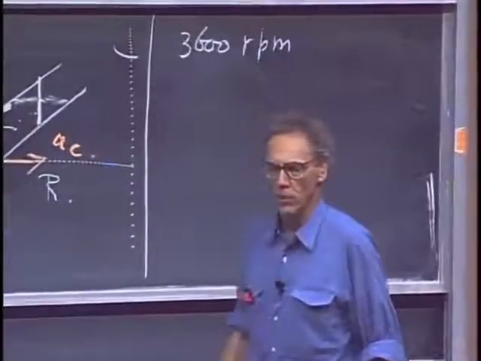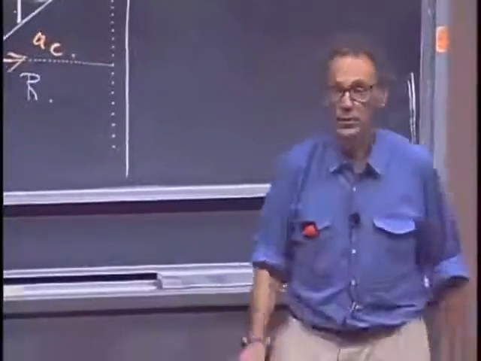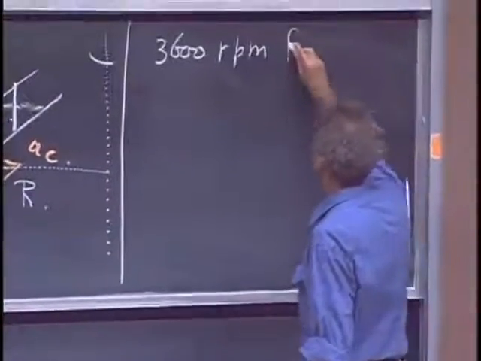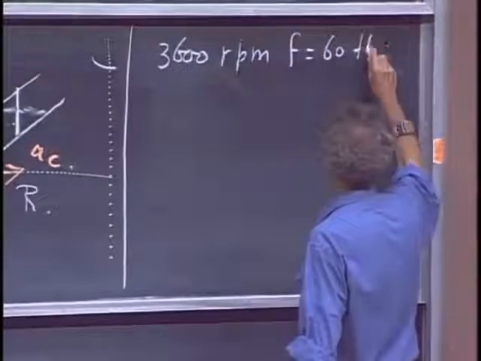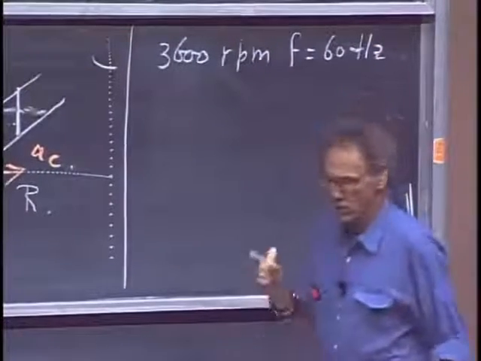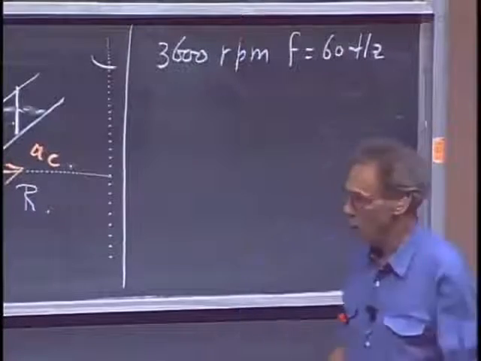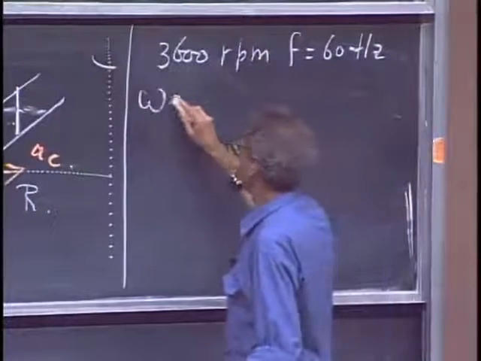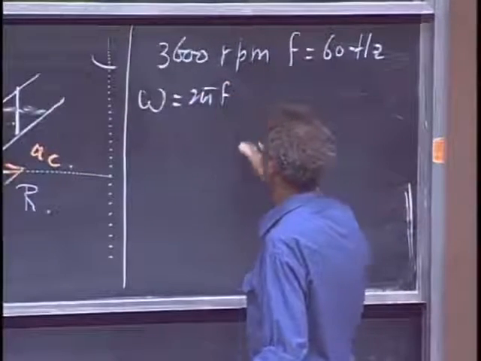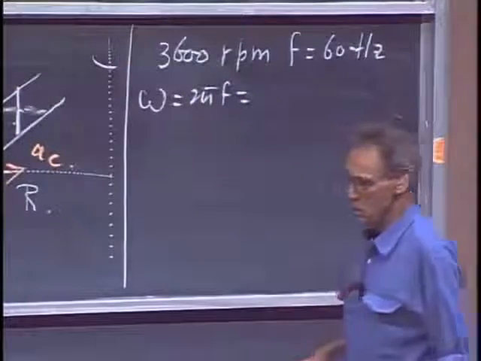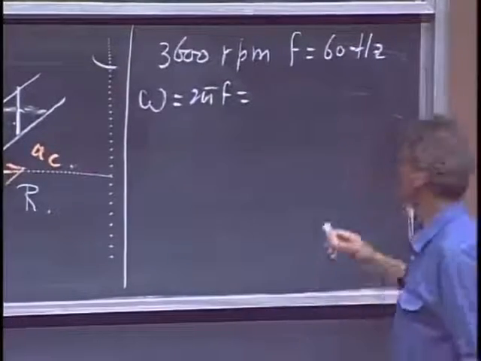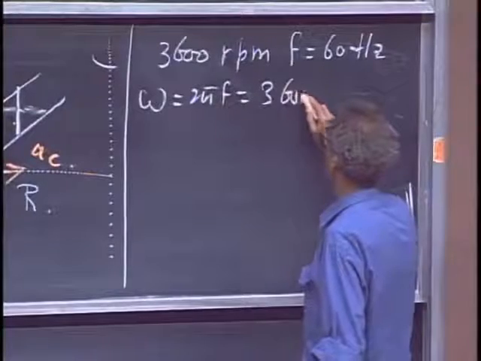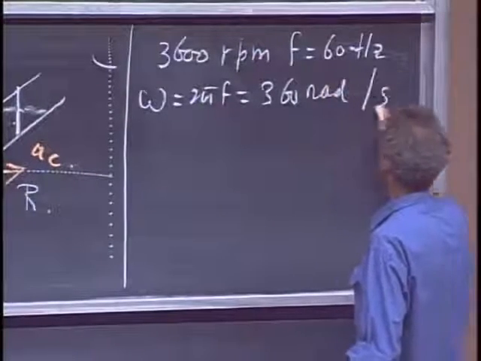So 3,600 RPM translates into a frequency of 60 hertz. So it goes around once in 1/60th of a second. Omega is 2 pi times f, and is therefore roughly 360 radians per second. 360 radians per second.